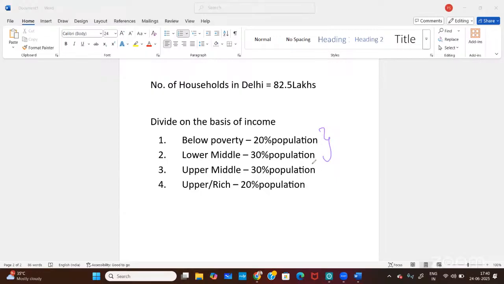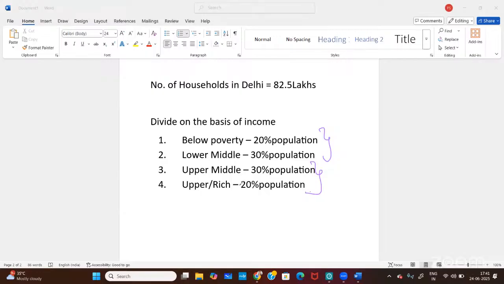So we'll neglect the first two, because only 1 or 2% of lower middle households will be having a car. We'll be considering the last two, which is upper middle and upper rich.